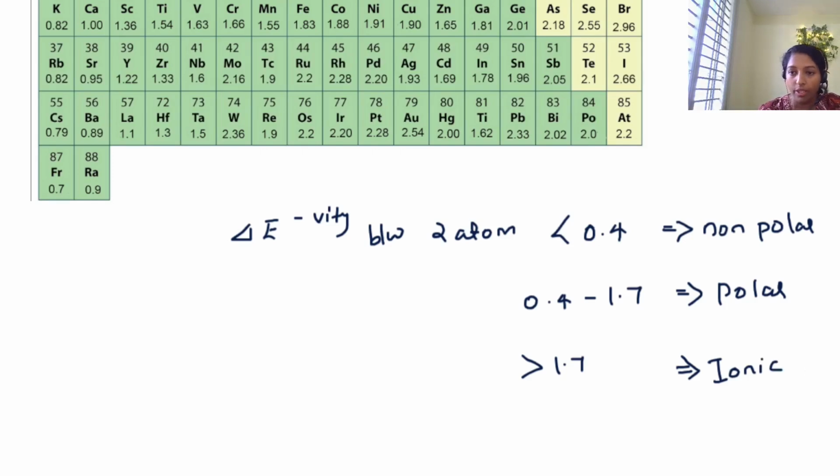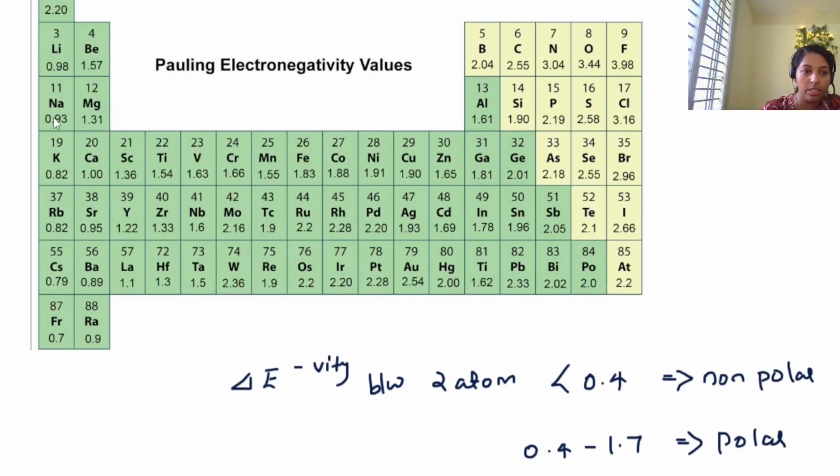For example, take sodium, at 0.93, and chlorine. Sodium's dragging capacity is just 0.93, but chlorine's dragging capacity is 3.16. So chlorine dragged the electron fully.